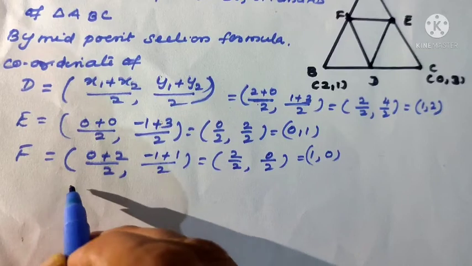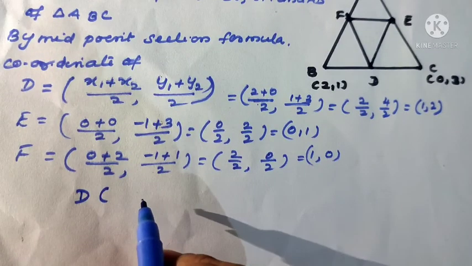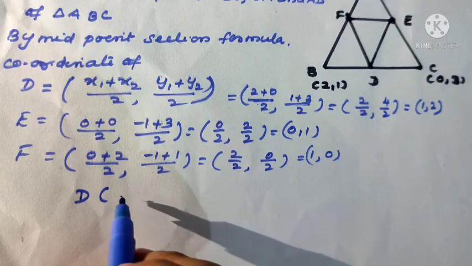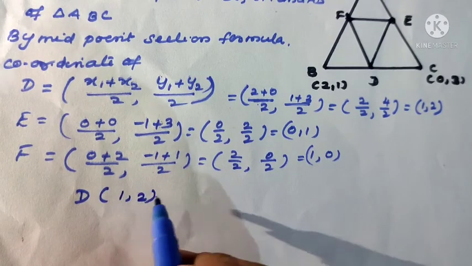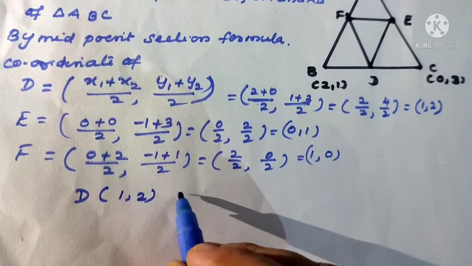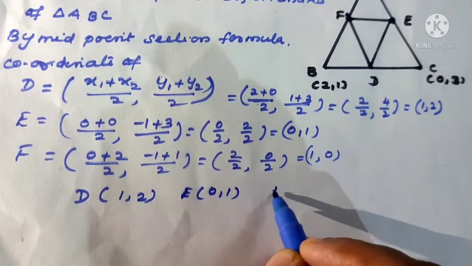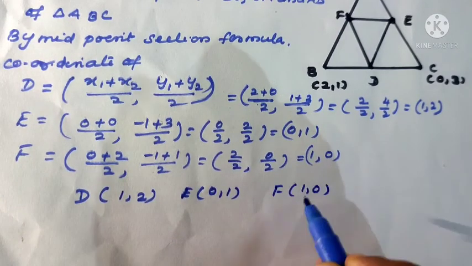So area of the DEF for getting, so first I told that when we want to find out, if we write in the straight line way, then it will be easy for you to identify x1 y1, x2 y2, x3 y3 coordinate. Now E I will write 0 comma 1, F the next 1 comma 0.